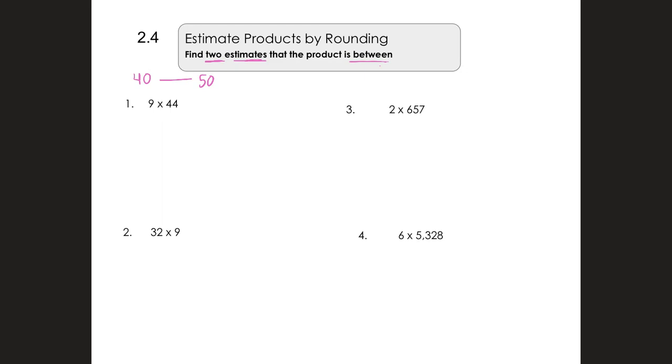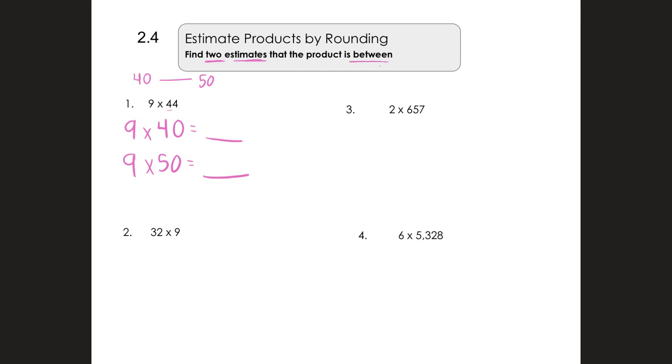I know that 44 is between 1 and 100, but that's way too large. So I am going to say 40, and then 10 more would be 50. So 44 is in between 40 and 50, which means I'm going to multiply 9 times 40 and then 9 times 50, the 2 numbers that it's between.